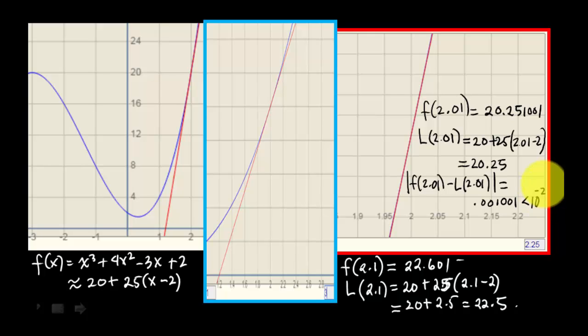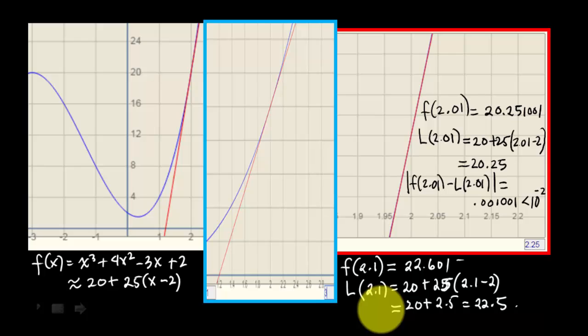That means they are less than a hundredth of a unit. So that's a good approximation. So which means if I even plug in 2.001 into the linearized version, their difference to the actual is even gonna be close to each other.